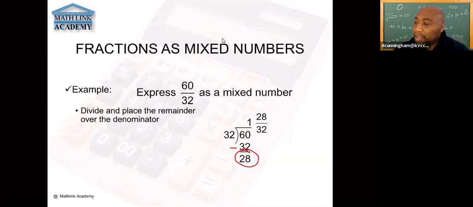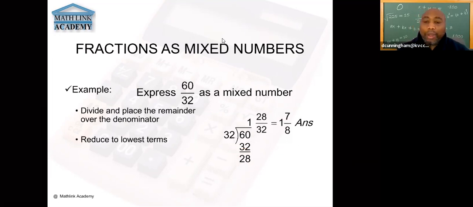Now in this case, I want to show you that even though we have that as an answer, it can be reduced. Notice that's 28 over 32. We always want to reduce our fraction part. What numbers can go into 28 and 32? Now I gave you the final answer, which is 1 7/8. But we understand that 4 can go into both 28 and 32.